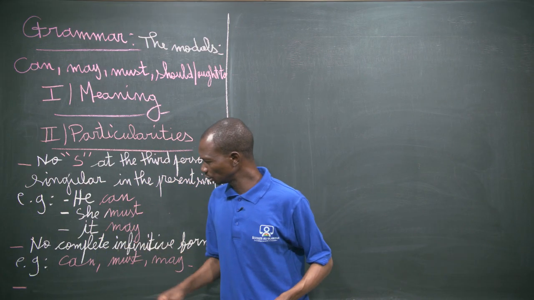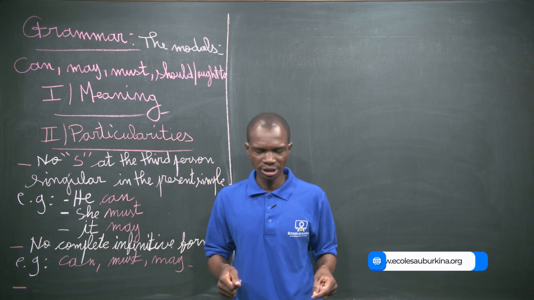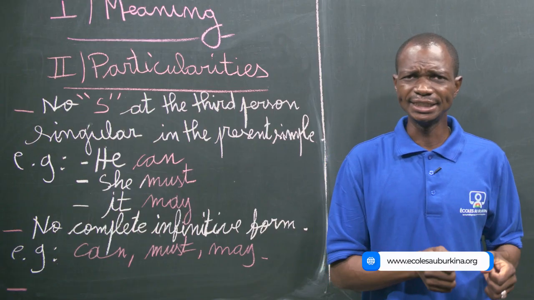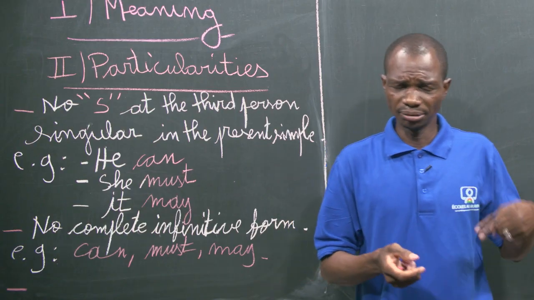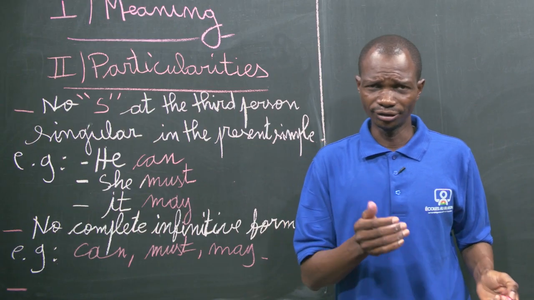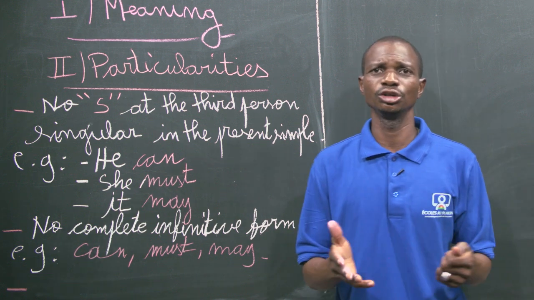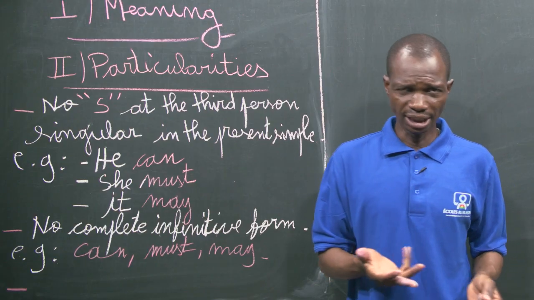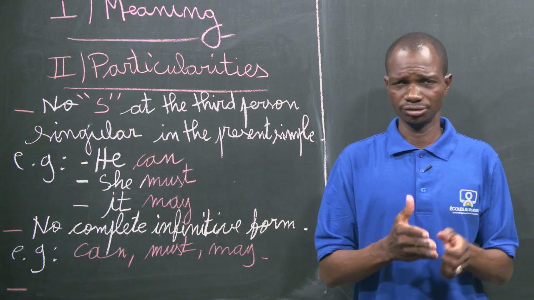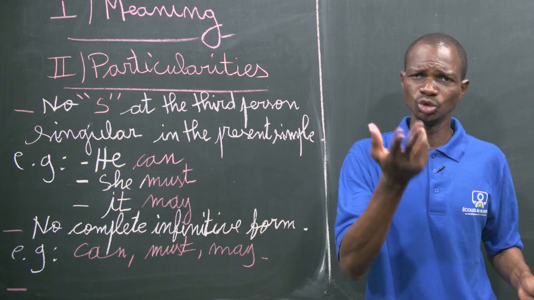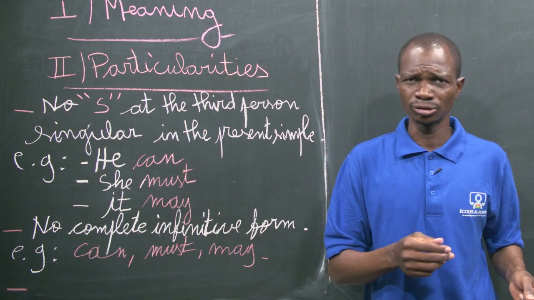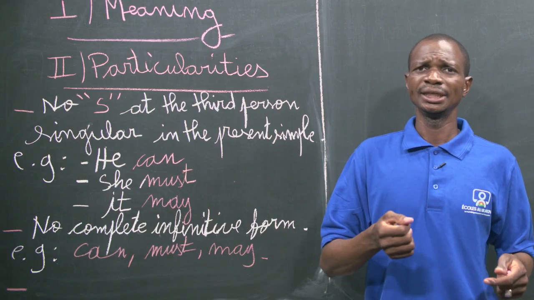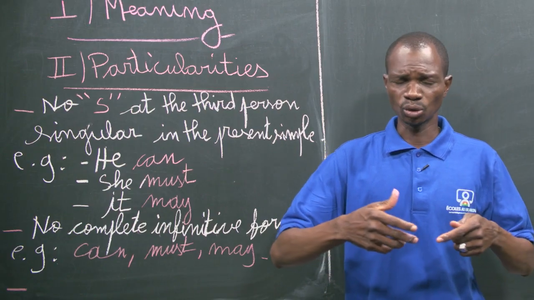Also, the modal auxiliaries are followed by the infinitive without to. If we want to conjugate an ordinary verb, we normally conjugate it as subject plus verb. If we want to use a second verb that follows the conjugated verb, it must be the complete infinitive.